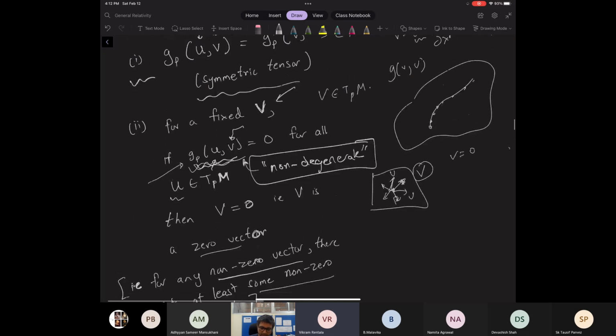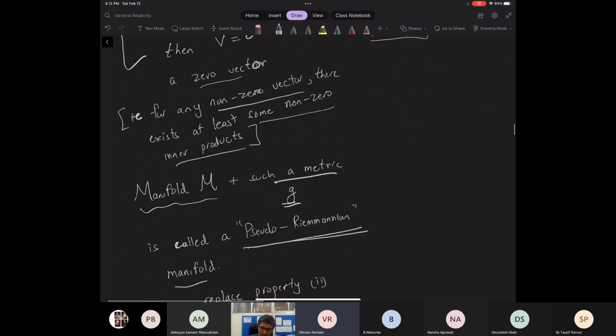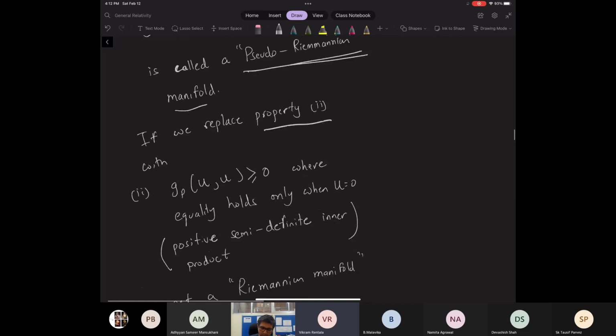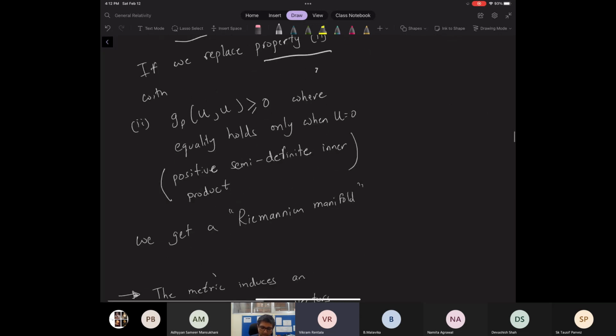Now, if we modify property 2 a little bit, or we replace property 2 with this alternative property, that the dot product of any vector with itself is greater than or equal to 0. This was not a requirement that we were imposing earlier.